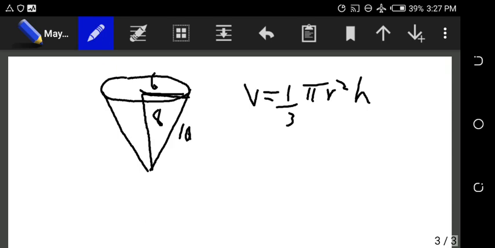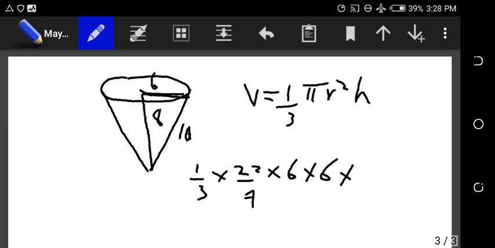We'll go ahead and substitute our values. So our volume V will be 1/3 times pi. Our pi is always a constant, which is 22/7. 22/7 times our radius squared. Our radius is 6, so that's 6 times 6.